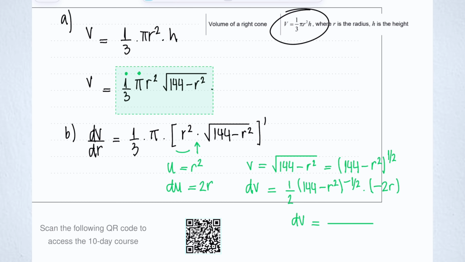Therefore, dv is equal to negative r over the square root of 144 minus r squared. The minus makes us drop the root to the denominator, and 1/2 means root. So that's why we have this as dv.